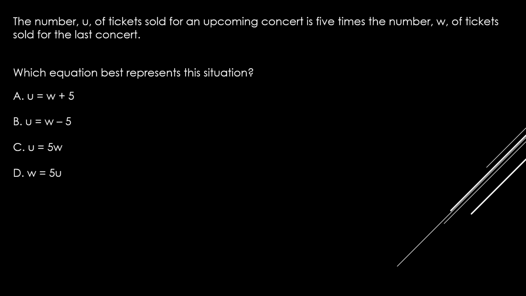So the number of tickets sold for an upcoming concert is 5 times the number W of tickets sold for the last concert. Which equation represents the situation? Okay, well, the number of tickets U that is being sold, so U is our total.